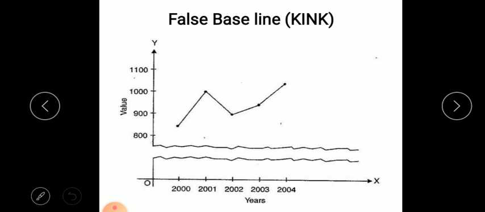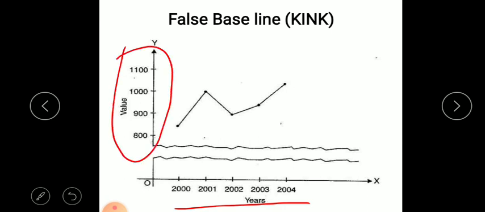On the y-axis, suppose this is various years, 2000, 2001, 2002, and this is say production in tons of a certain item in a factory. Everything is between 800 and say 1000, 1050. If you take 100 tons as 1 centimeter, you are losing a lot of space.